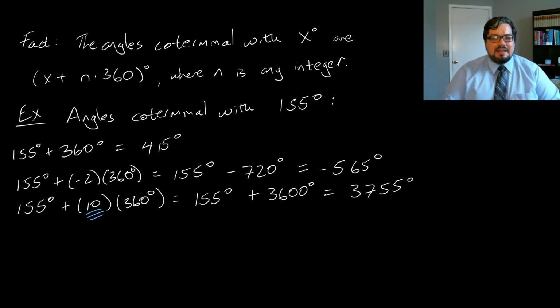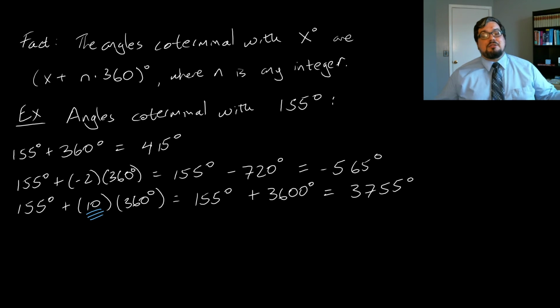And that's where the n comes in here. We could think of this n as measuring approximately how many times you're moving around the circle. This doesn't always match up if your x was already more than 360 degrees or less than 360 degrees, but this fact will always work. So getting coterminal angles is simply a matter of adding or subtracting 360 degrees any number of times that you want.